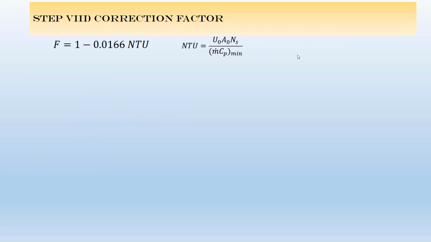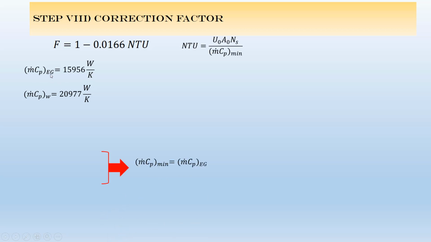Now you can find the correction factor. To find it, you can use this correlation. You need U, which you found, you have A naught, and the number of passes is 15. You need to find the M dot CP for both fluids, and from here you can see that M dot CP min equals the M dot CP for EG.